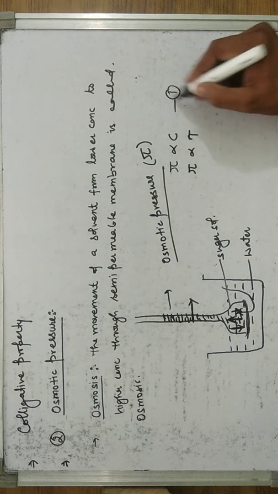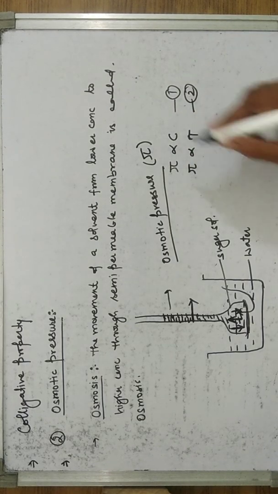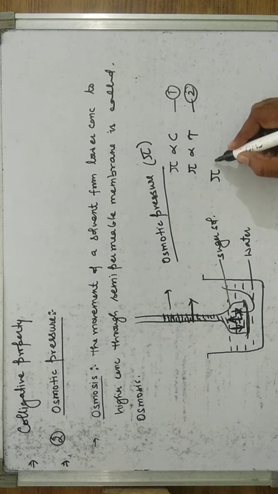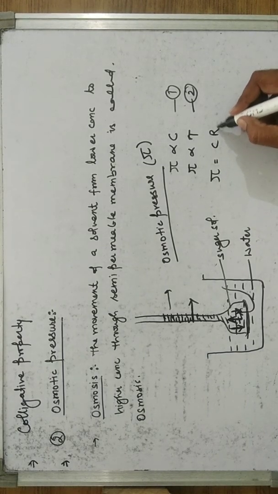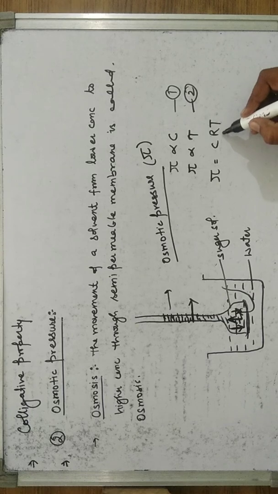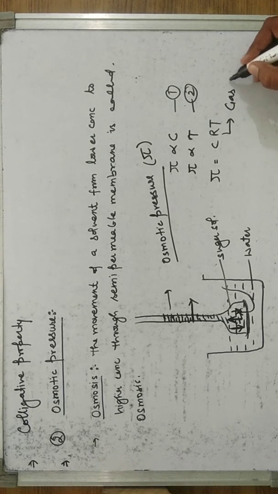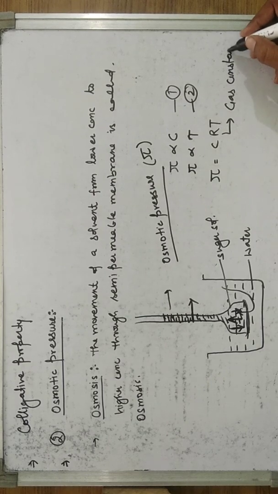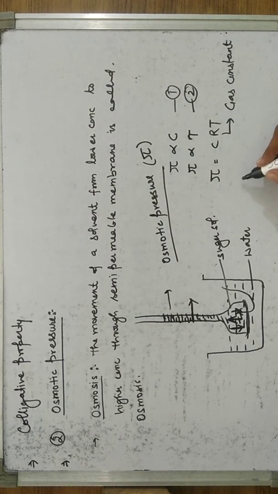This is equation 1 and this is equation 2. On combining these two, pi is equal to CRT. R is a proportionality constant, that is known as the gas constant. Now C is the concentration. C is equal to n by V. Put C is equal to n by V here.